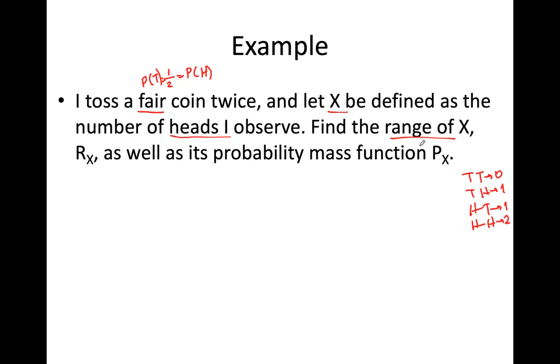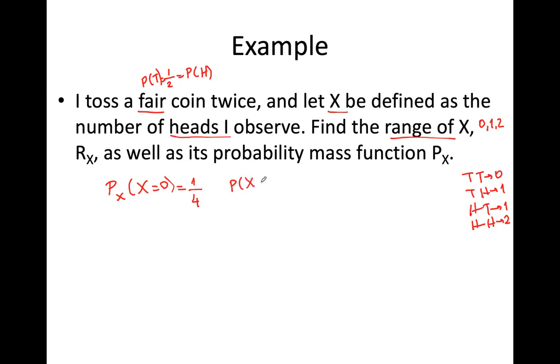So this is all I have in terms of number of heads. Now, what is the range? 0, 1, and 2, right? What is the probability mass function? P(X = 0) means the number of heads is 0. There are 4 possible outcomes, and 1 of them is the no heads situation.